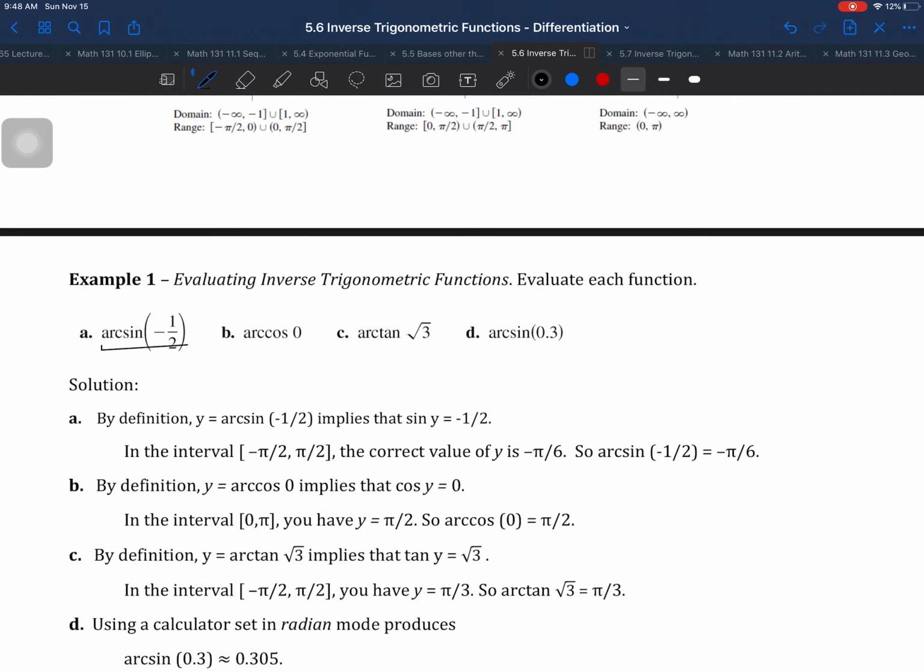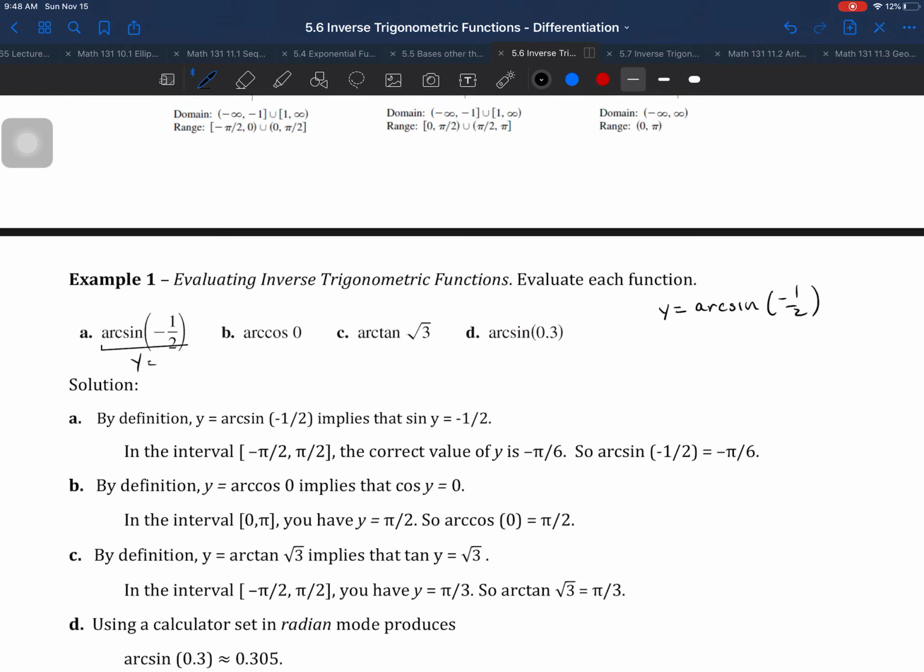So we're going to transform this and rewrite it in terms of sine. How we're going to do this is very simple. We're going to let y equal arcsine of negative 1/2.